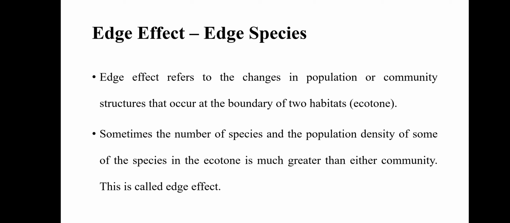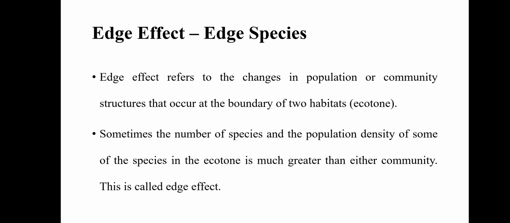Now we will study the edge effect and edge species. What is edge effect? Edge effect refers to the change in population or community structure that occurs at the boundary of two habitats.